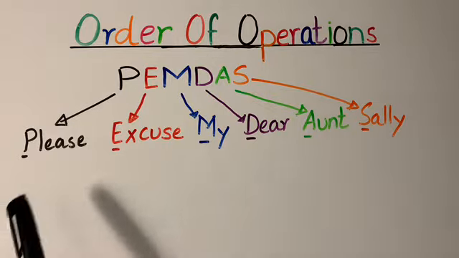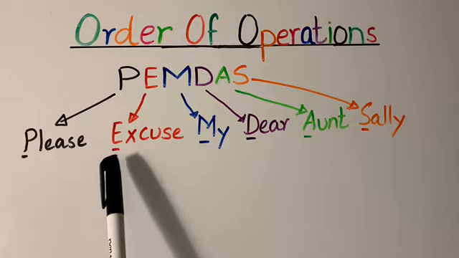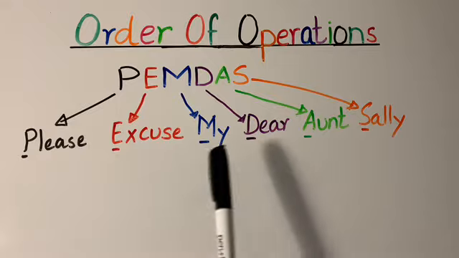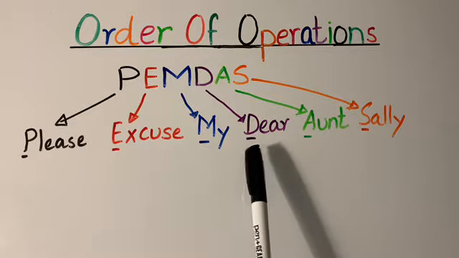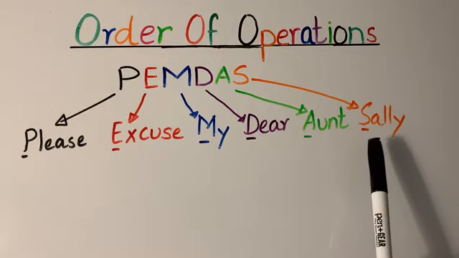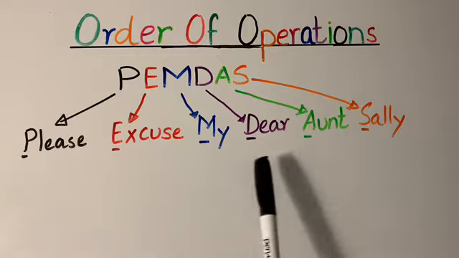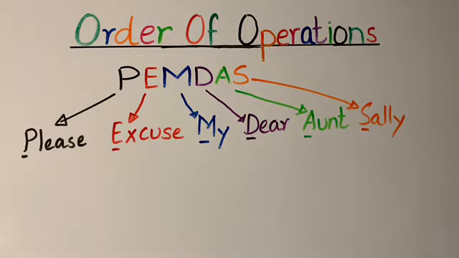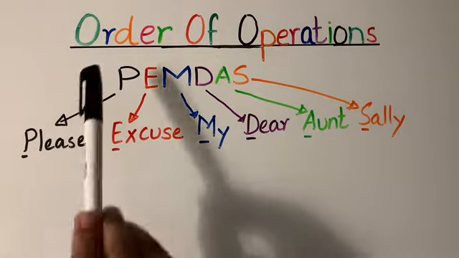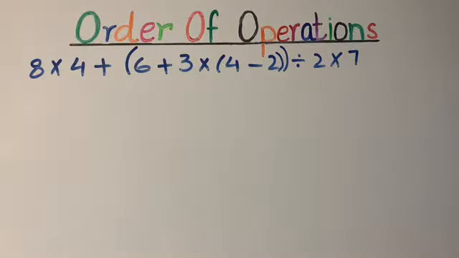We can also say it like this: please, parenthesis, E for exponent, M for multiplication, D for division, A for addition, and S for subtraction. So if you remember PEMDAS or please excuse my dear Aunt Sally, in both ways you can remember the order of operations. Here we have a long equation.